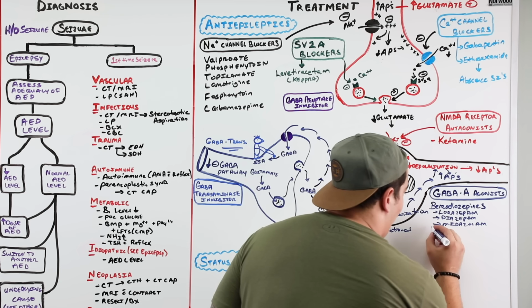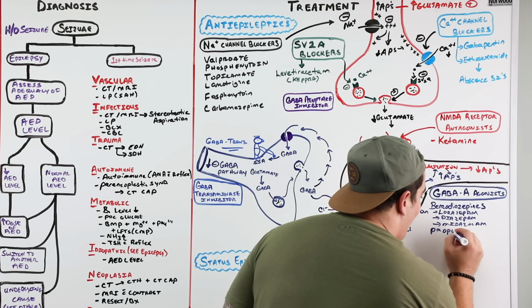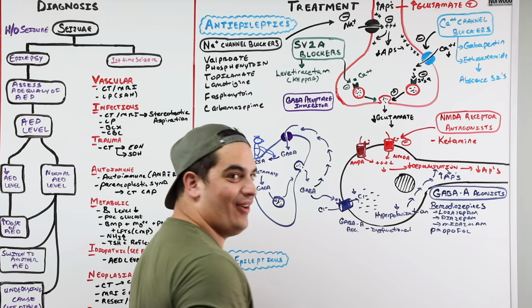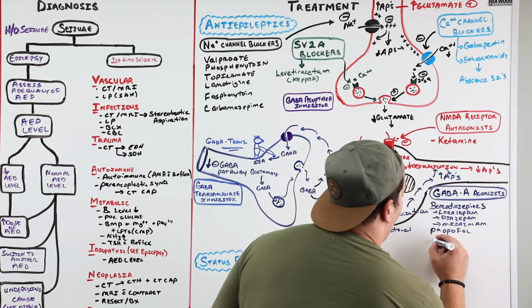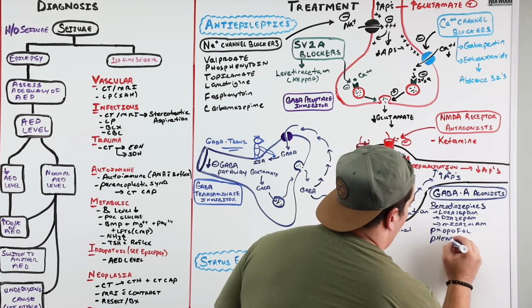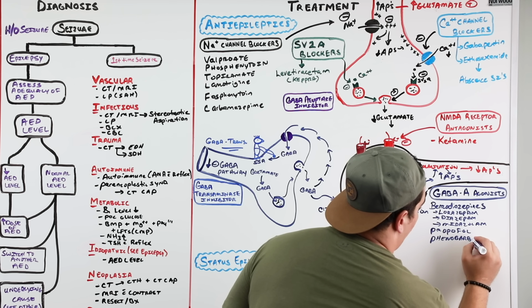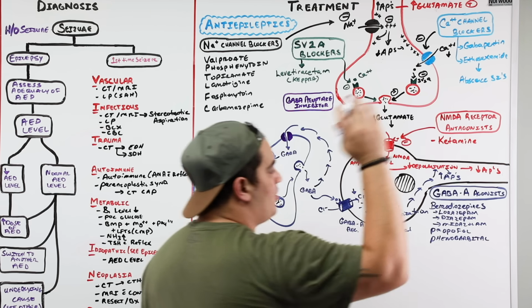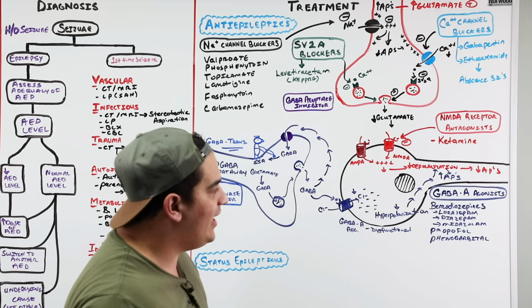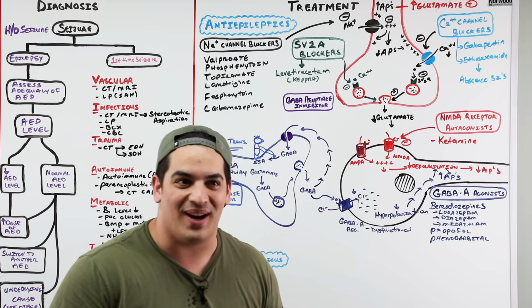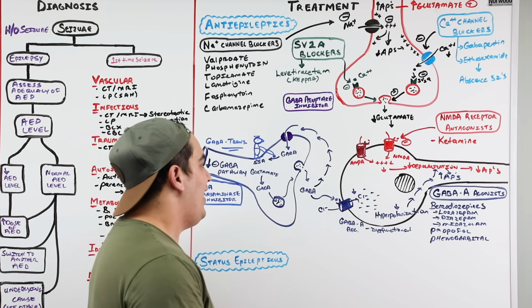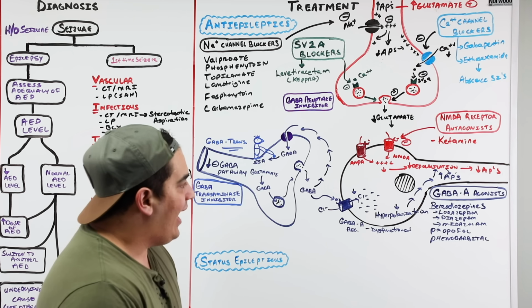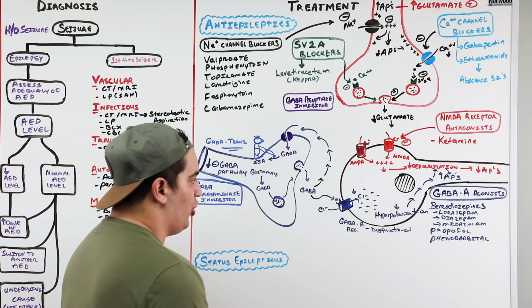The next one I want you to remember is propofol. Another one is phenobarbital. And there are also other ones in there as well, but these are the real big ones that I want you guys to remember, okay? So, how will GABA A agonists work is the good question here.